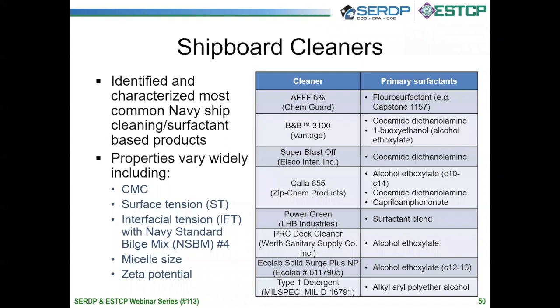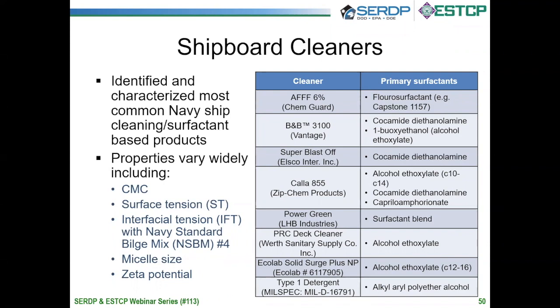So as mentioned, in our task 1, we have identified shipboard cleaners based on procurement information. The idea here is that we looked at the most commonly procured cleaners, the assumption being that if it was procured in the highest volume, it has the most likelihood of getting into the bilge. And you can see on the table on the right the cleaner, and then the primary surfactants that are found in those commercial cleaners.